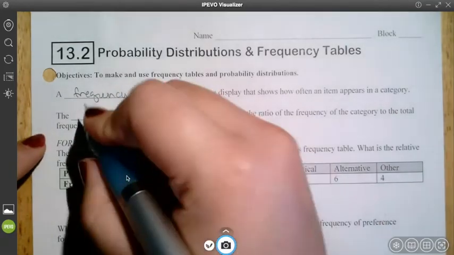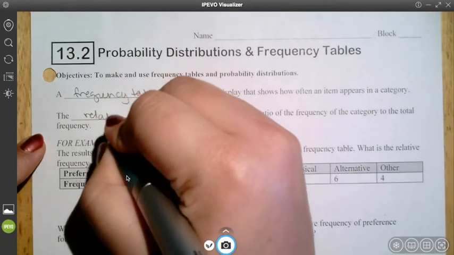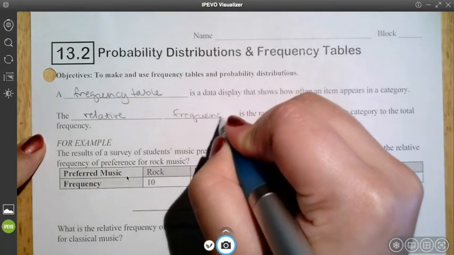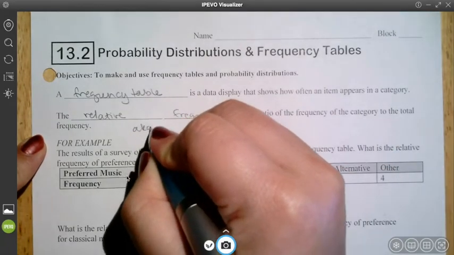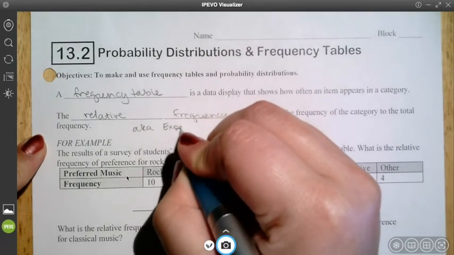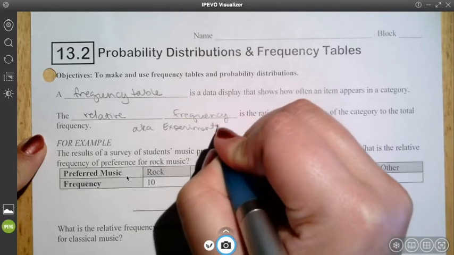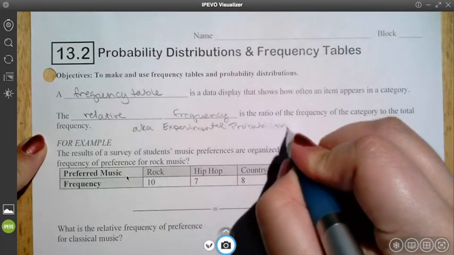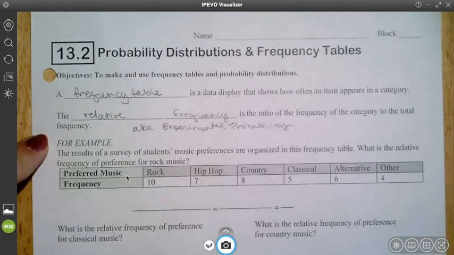We can talk about the relative frequency, aka experimental probability, which is the ratio of the frequency of the category to the total. So category over all, want over all, okay?